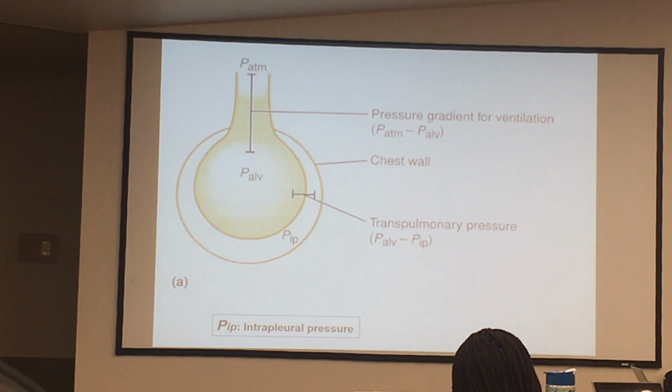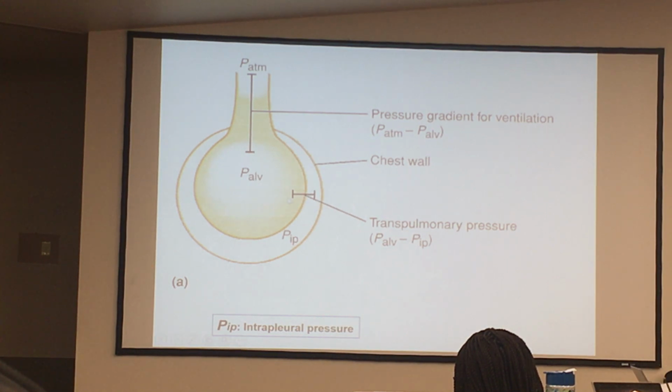Okay, in some textbooks, they put it like this cartoon. Outside we call it atmospheric pressure, and in the lung here we just use one alveolus to represent the whole lung as alveolar pressure, and then the cavity is intrapleural pressure.